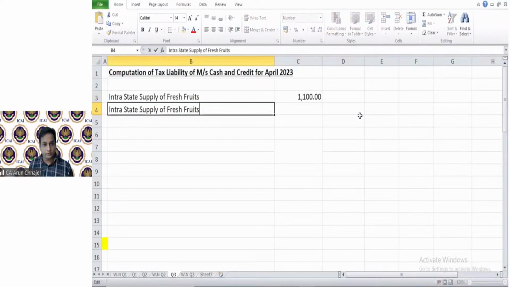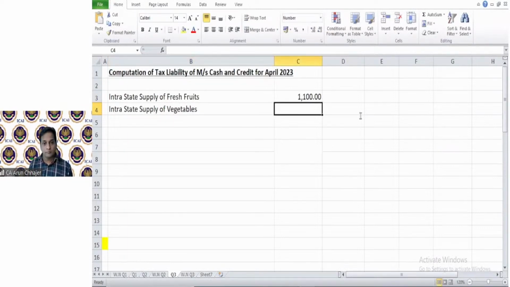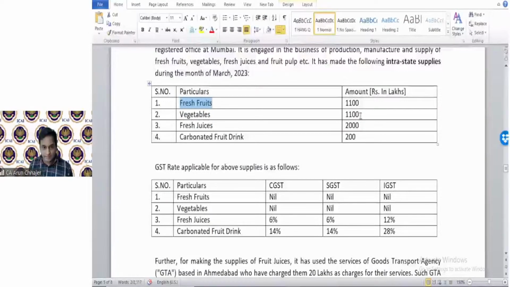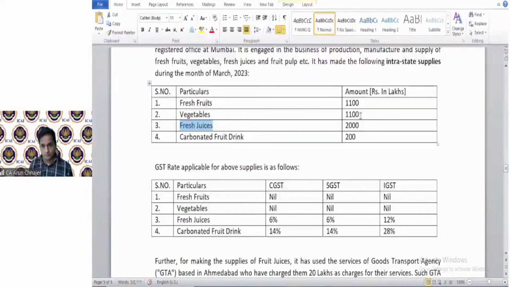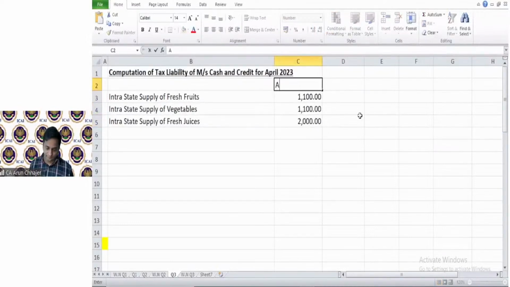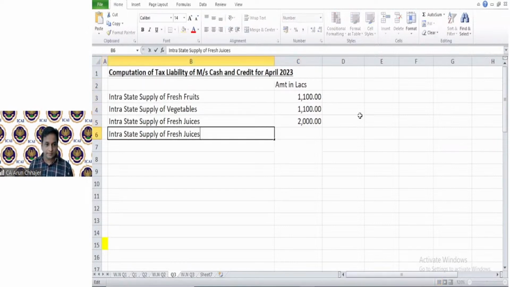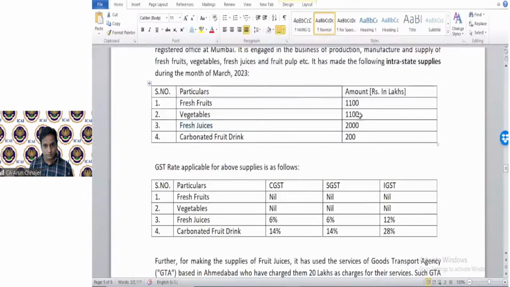Supply of the vegetables, same amount. Intrastate supply of fresh juices, 2000 tax. Intrastate supply of carbonated drinks, 200.